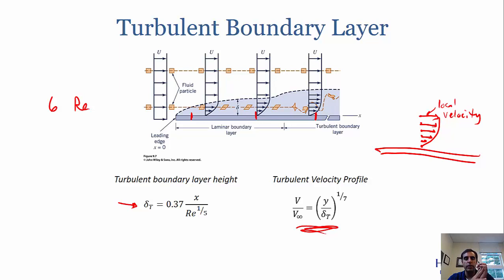Hopefully we'll collect some data in a laminar regime and some in a turbulent regime. The critical value is typically taken to be somewhere between 3 and 5 times 10 to the 5th for flow over a flat plate. But we do want to see what it is in our particular setup here.